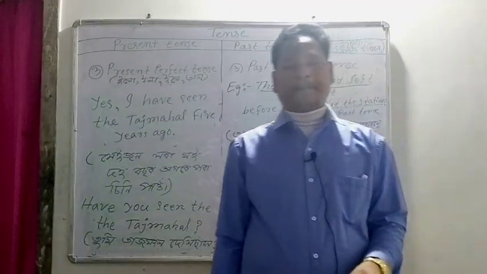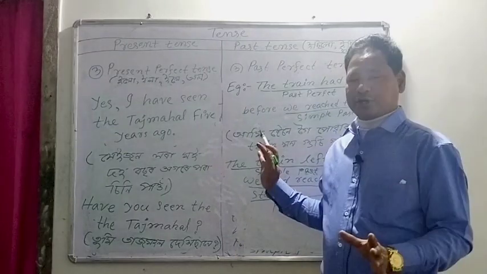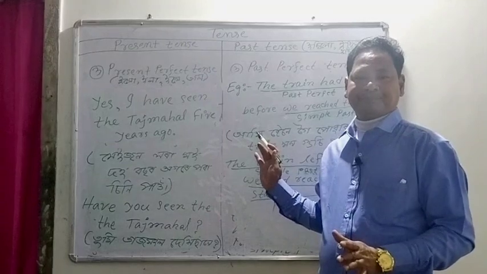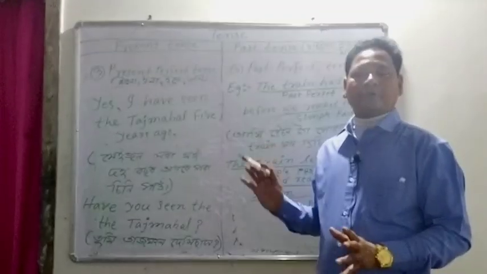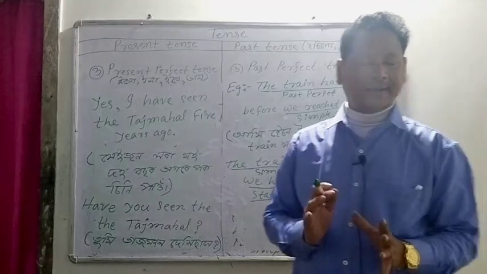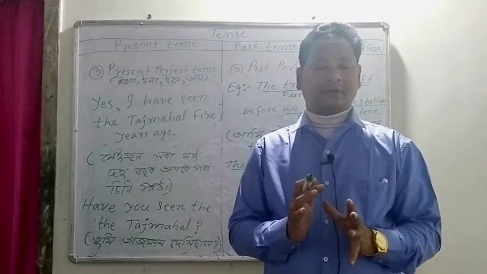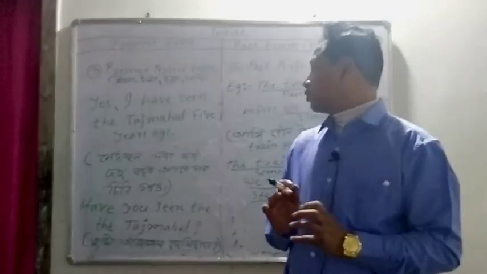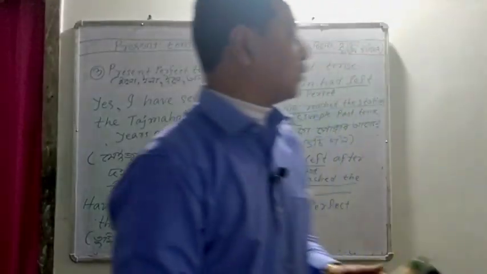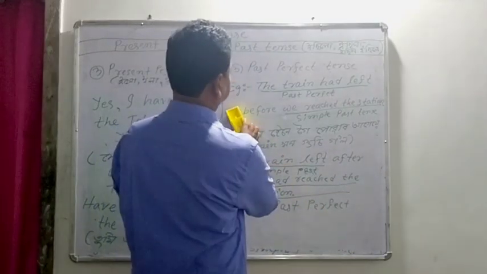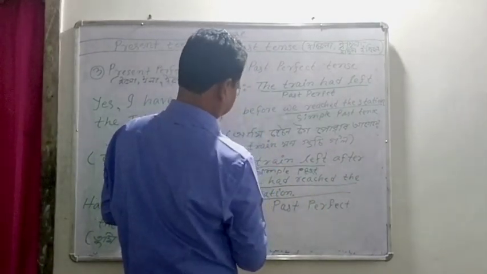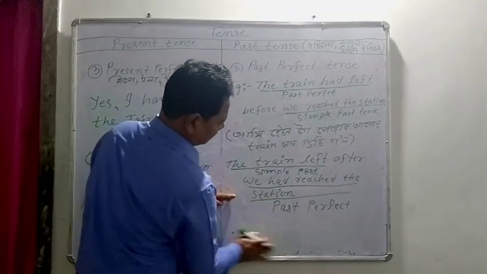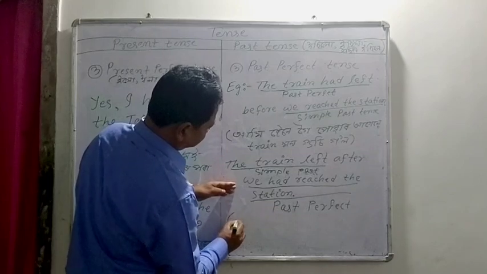So this is the secondary usage of past perfect tense, very important. Now, I am going to give you a technique, a skill. This is a blind skill, though this will help you to understand the concept. So, I am going to touch it. Here, I am going to show you.